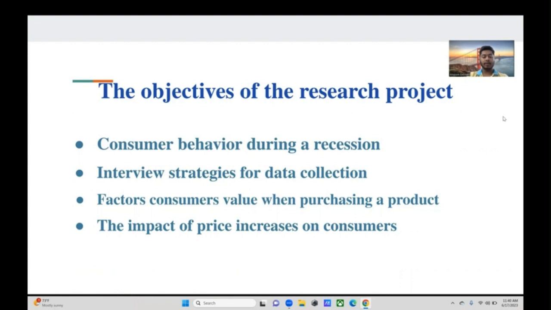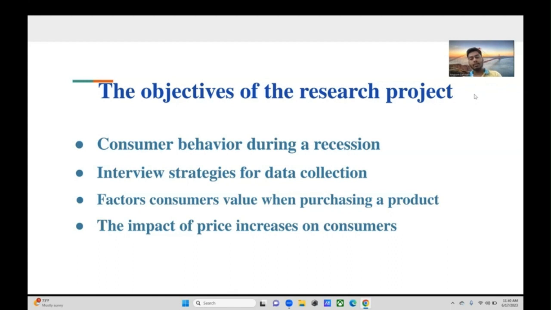And the second one is we seek to explore interview strategies for data collection by employing effective interviewing techniques. We can ensure accurate and comprehensive data collection from consumers. Thirdly, we aim to identify the factors that consumers value while purchasing a product.